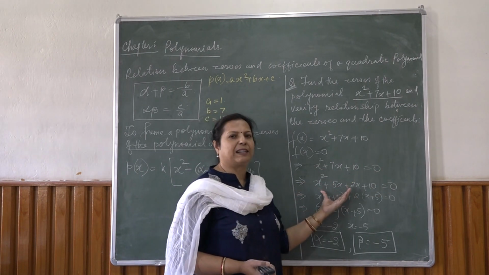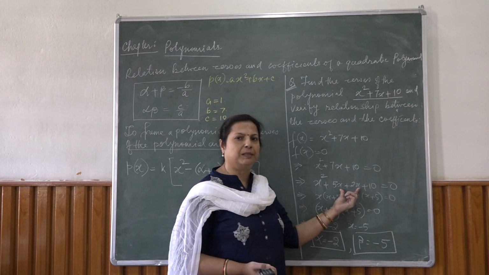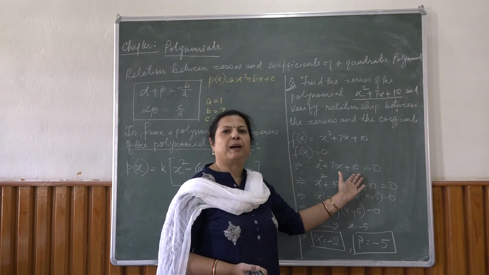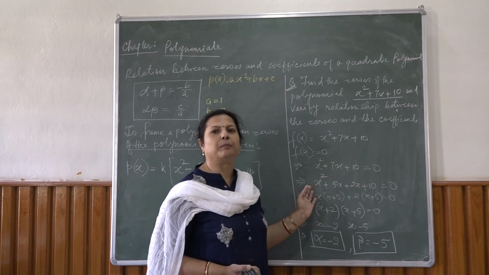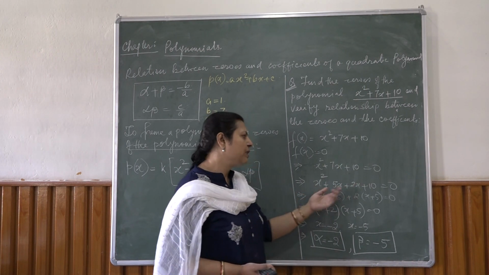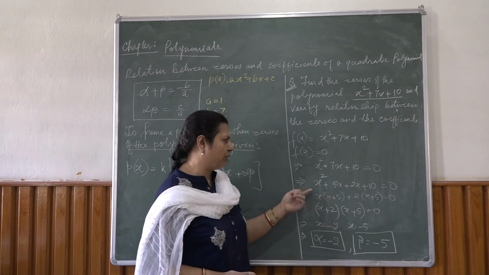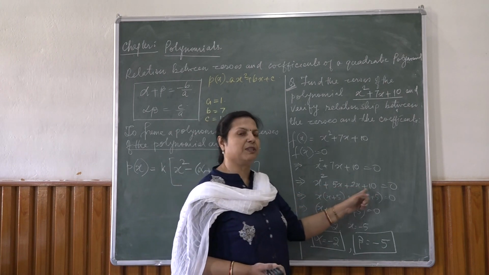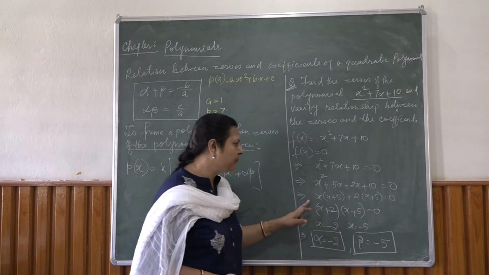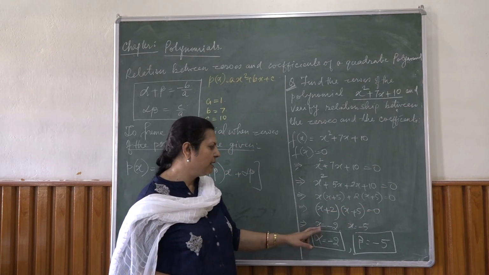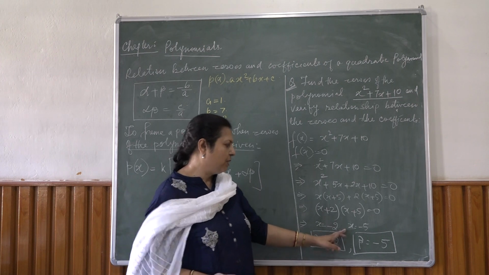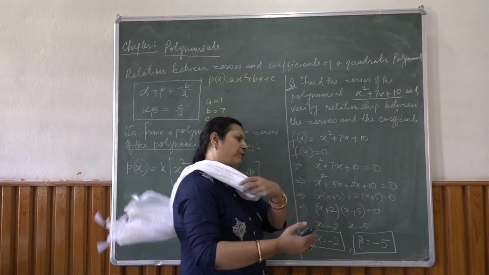And then we factorize it by splitting the middle term. You probably know this from class 7, 8, how to split the middle term and find the factors. So we factorize this polynomial as x square plus 5x plus 2x plus 10 equal to 0. Once you factorize it, the solutions you get are x equal to minus 2 and x equal to minus 5.